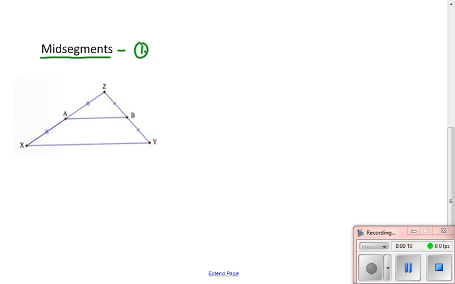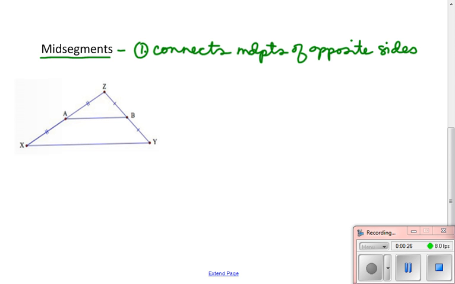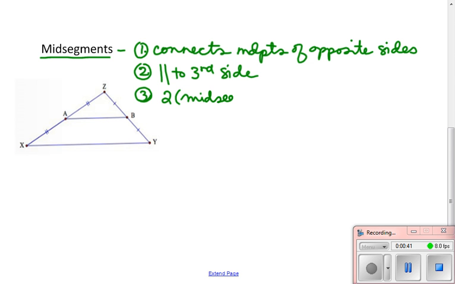Number one, it connects midpoints of opposite sides, and it is parallel to the third side, and 2 times the mid-segment equals the length of the third side.